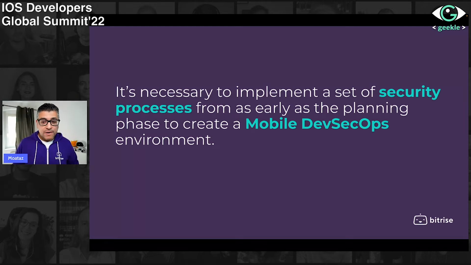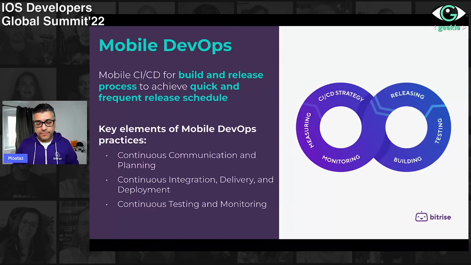It's necessary to implement a set of security processes from as early as the planning phase to create a mobile DevSecOps environment. Previously we had DevOps, which is development and operations, where we tried to find a process to collaborate together to build and release our mobile apps frequently and quickly.